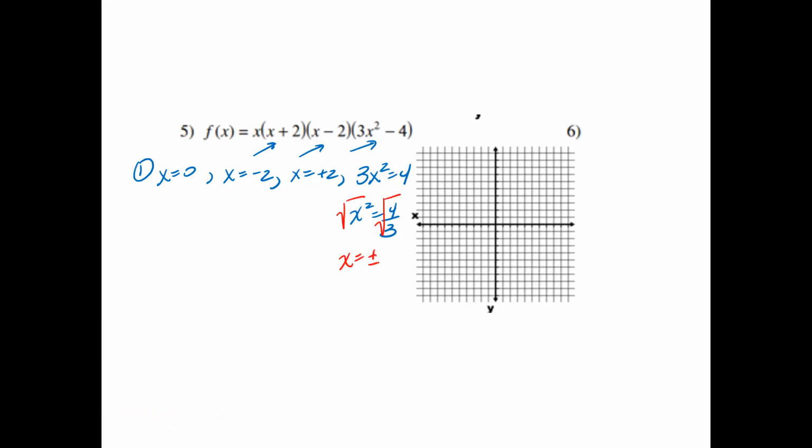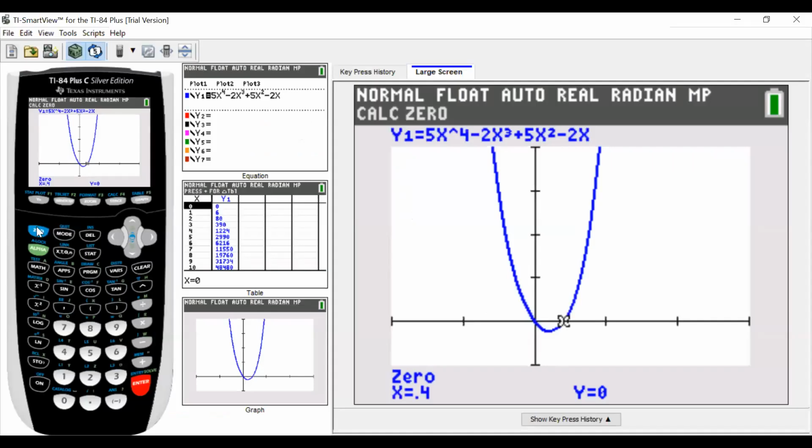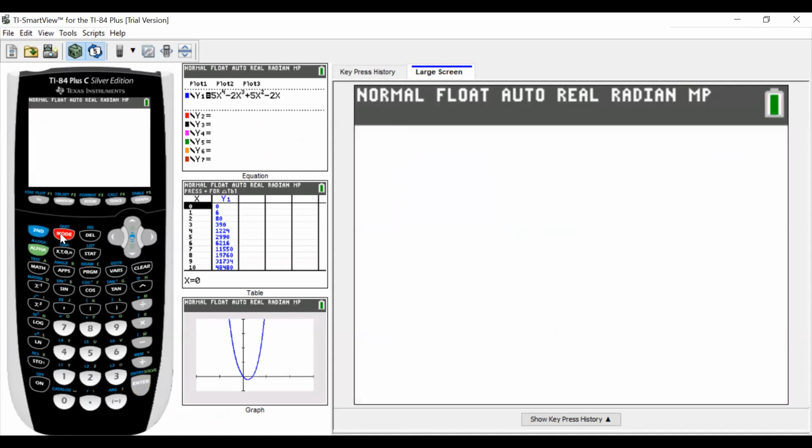You can put that square root into your calculator. And if you're wondering how to do that, second and quit. Once you hit second quit, you're back to here. So you're going to do square root, which is second x squared. Once you have the square root, you type in 4 over 3.